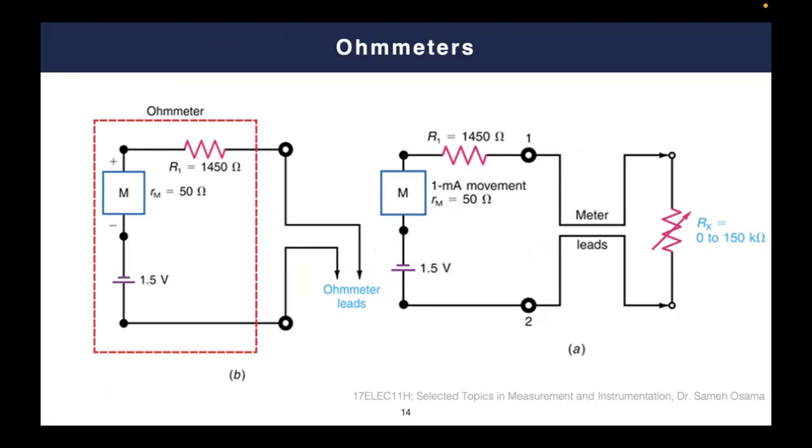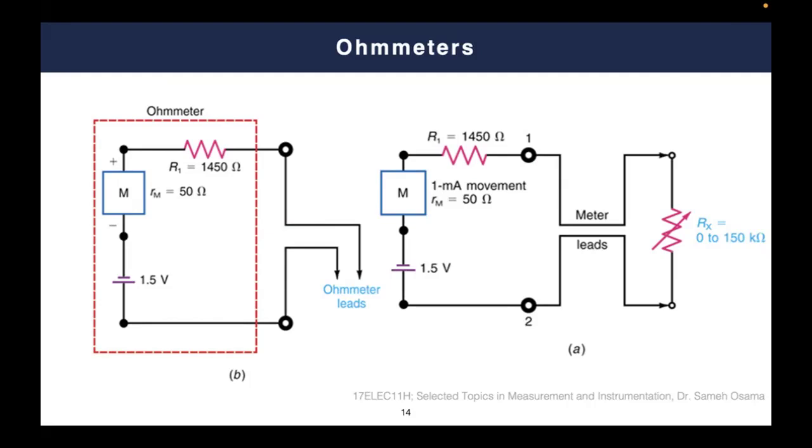And if you return back to my previous chapter, you will find the difference between the passive measurements and the active measurements. The first two measurements, I mean the voltmeter and the ammeter, are passive measurements, because simply we did not induce either a voltage or a current. We are just measuring the voltage or the current in the circuit.